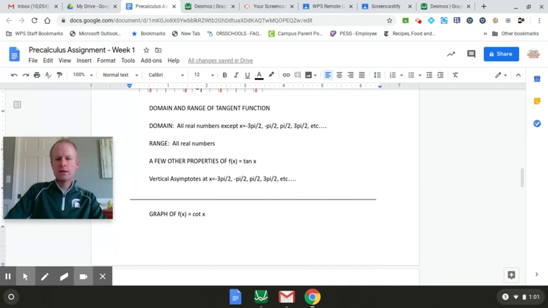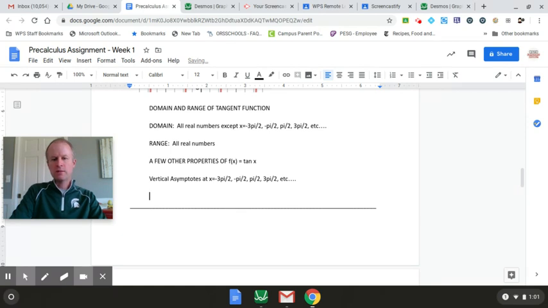That's one property, and since it says a few, I'm going to try to think about one other thing. It looks to me like these are infinite discontinuities. So I'm also going to say that we have infinite discontinuities, same x values.